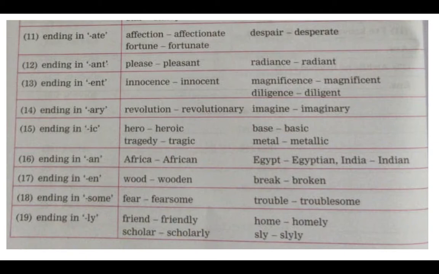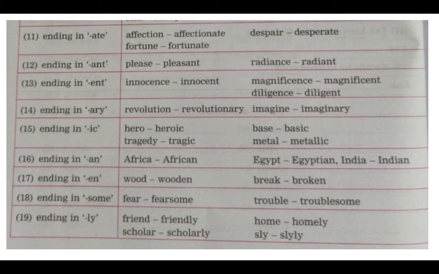Innocence would be your noun form. Innocent is your adjective form. Ending in ary, revolution, revolutionary. Hero and heroic. Tragedy and tragic. Spellings again need to be focused on.